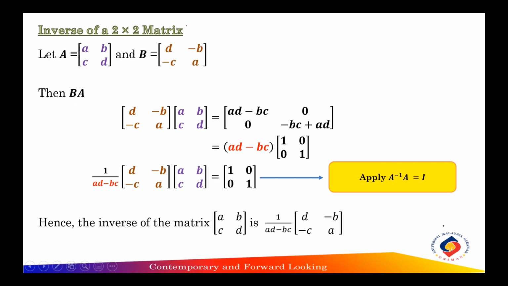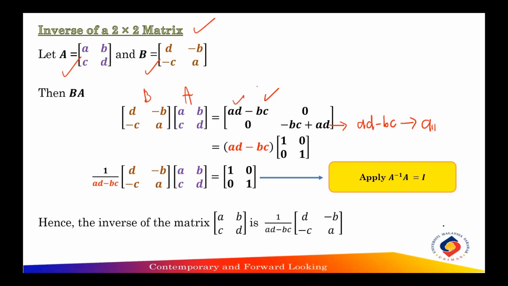Now I want to show you the process of getting the inverse of a 2 by 2 matrix. Let's say you are given matrix A and then matrix B, then matrix B is multiplied by matrix A. As you can see here, this is B, this is A, and this is the resulting matrix. We can see here at row 2 column 2, the element is actually AD minus BC. Then this one is equal to the element at row 1 column 1.